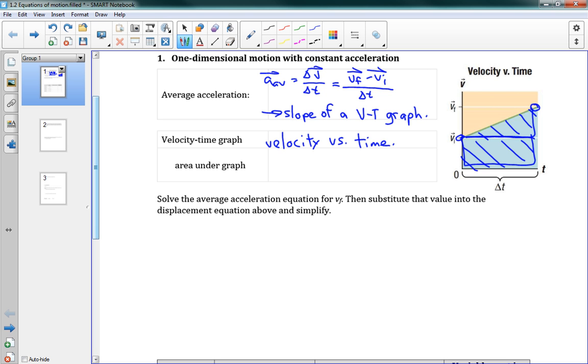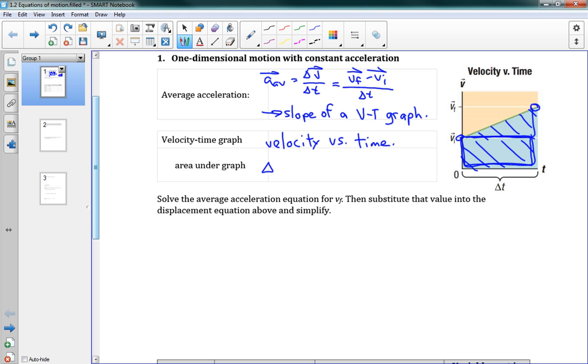Another way of looking at that is to say the rectangle is solid this whole way. This triangle is equal to half of the total area of this top block. So I could divide that in half another way, like this, where that's the average between initial and final velocity. If you follow that, then great. If you're not sure, the equation for that looks like this.